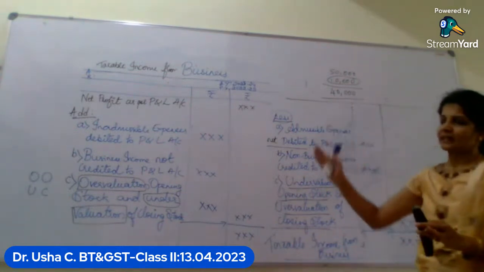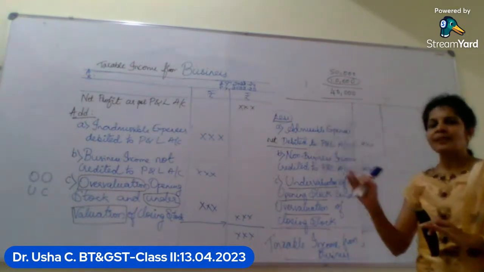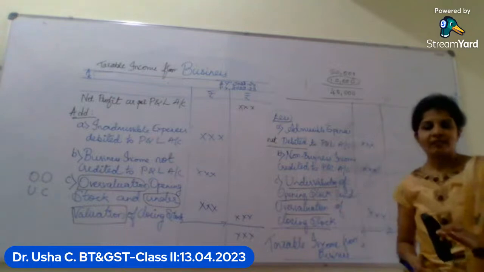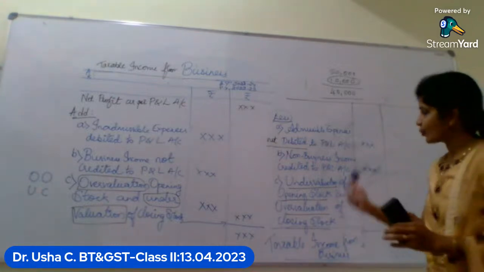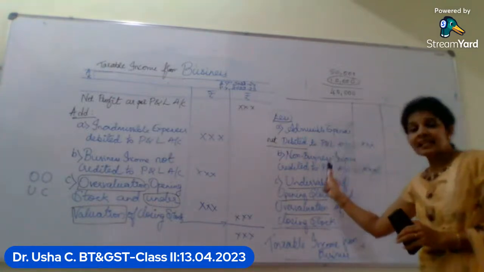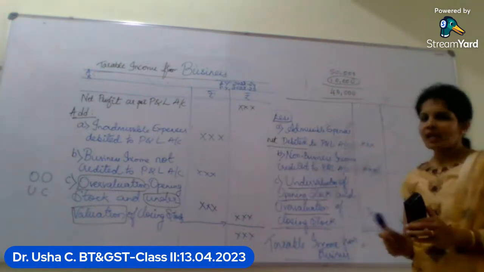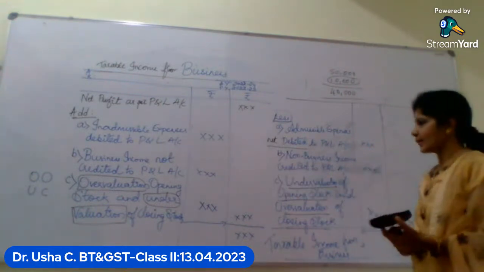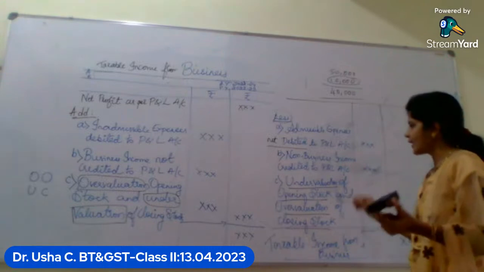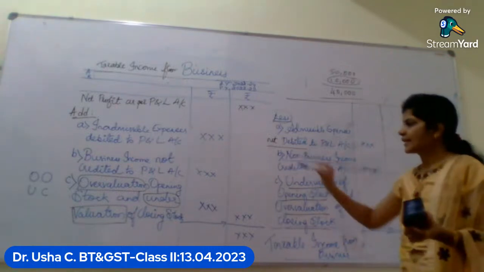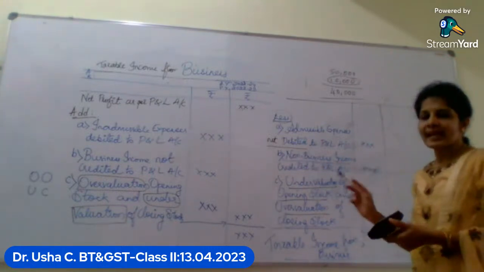That comes under respective heads like income from house property, capital gains, and income from other sources. If those incomes are credited, since they are not business income, they must be deducted to know the exact profit.